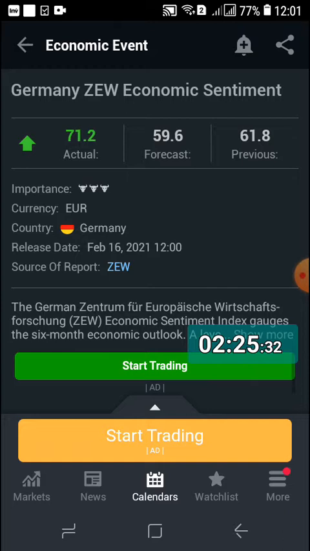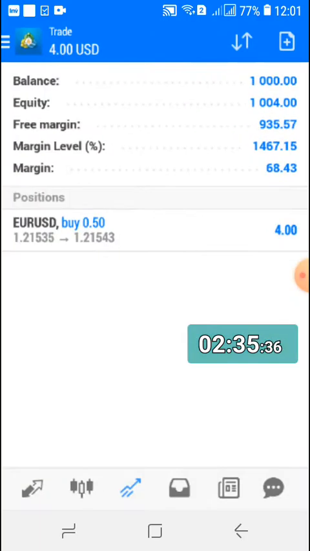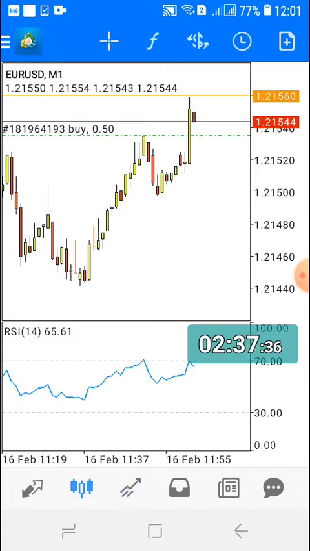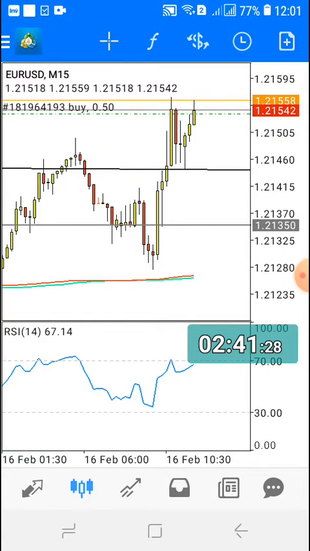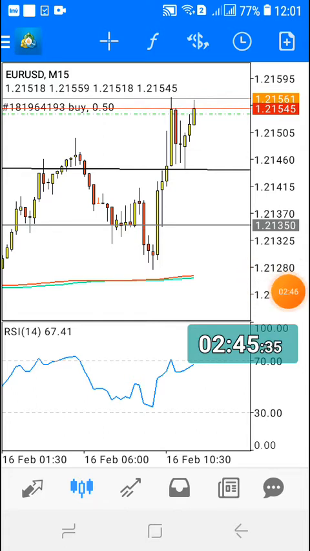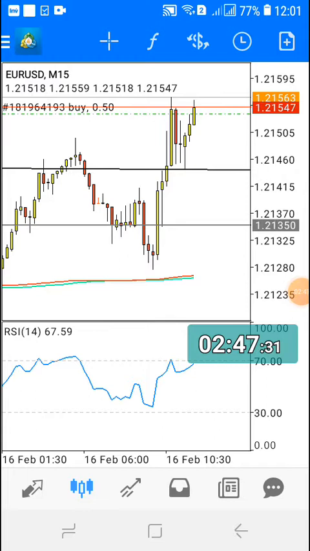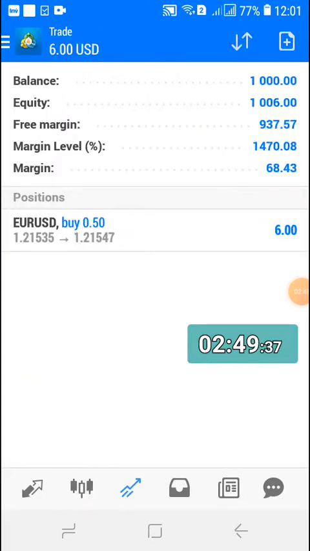When the previous is below and the actual is high, this tells us that this event is going to rise high. Let's see what it does.